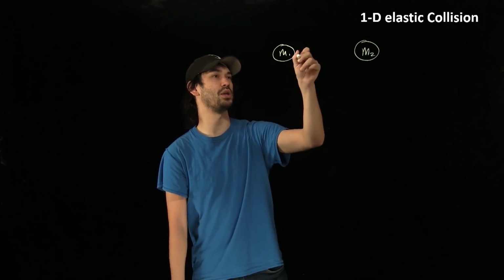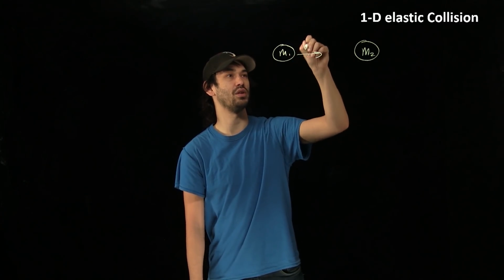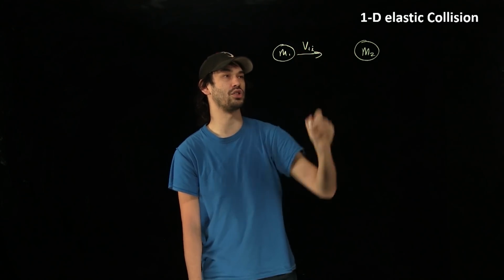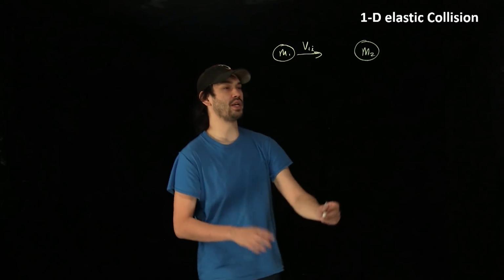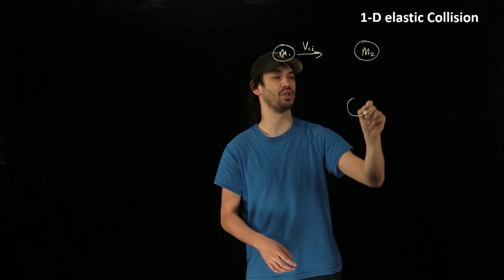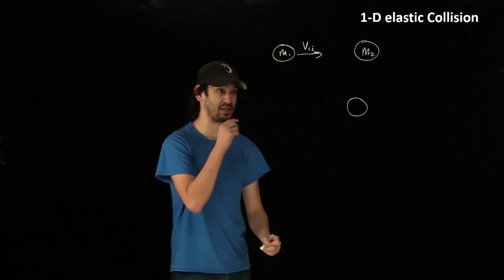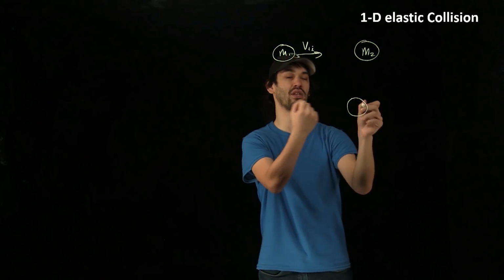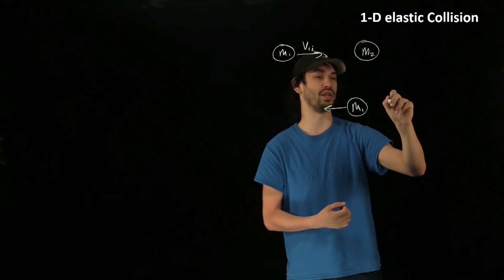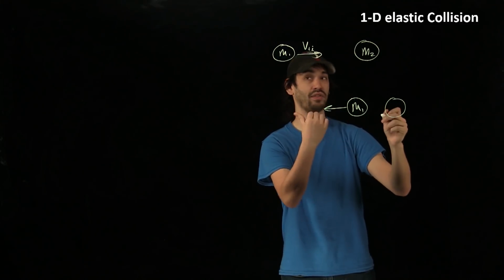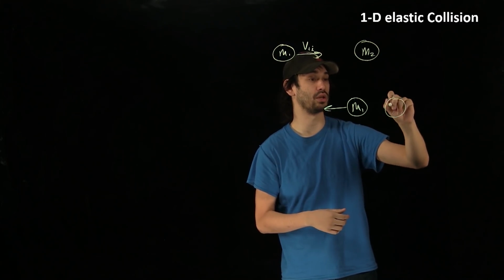So we can say this object 1 is going to move with some velocity, we'll say v1 initial, towards this object 2. And after they hit, let's assume that object 1 has a mass that's less than object 2. When they hit, that's going to mean that this first object is going to bounce off of this and go to the left, so opposite the direction it's originally going.